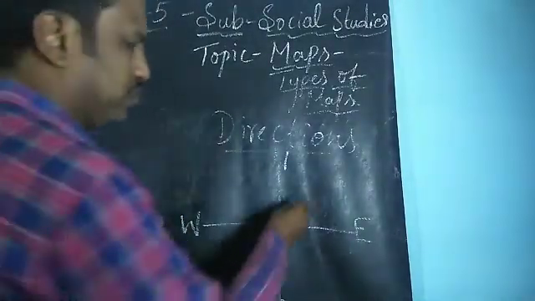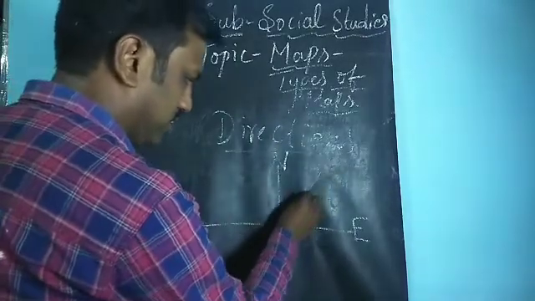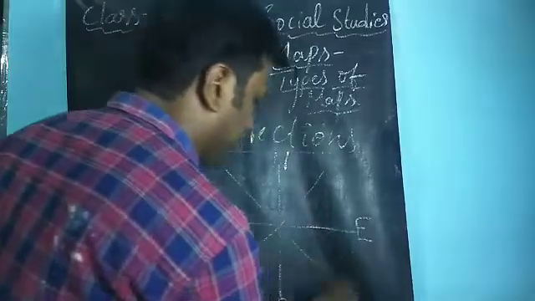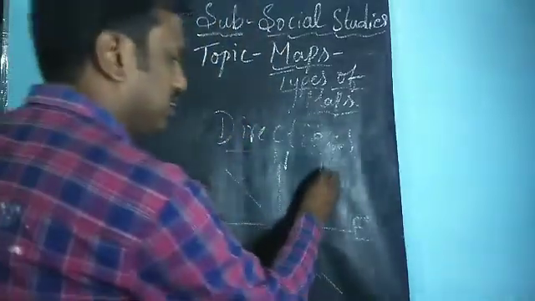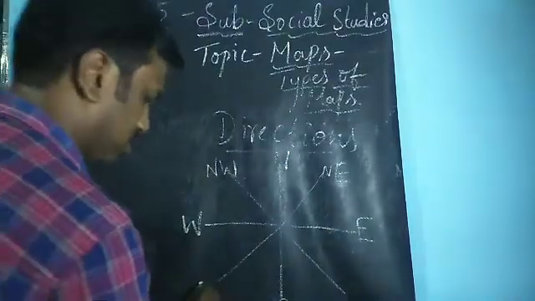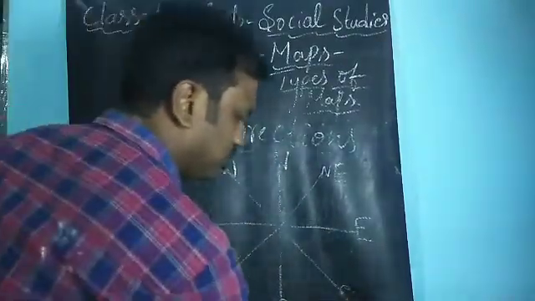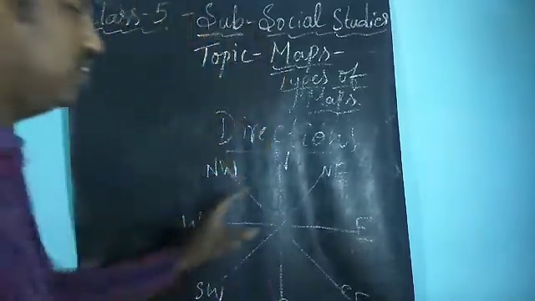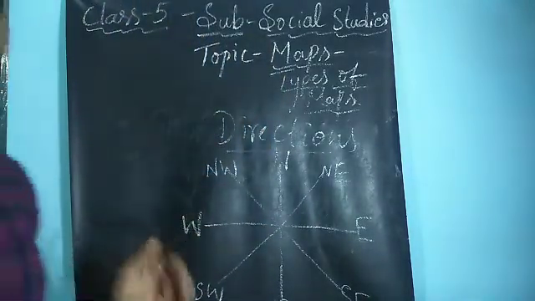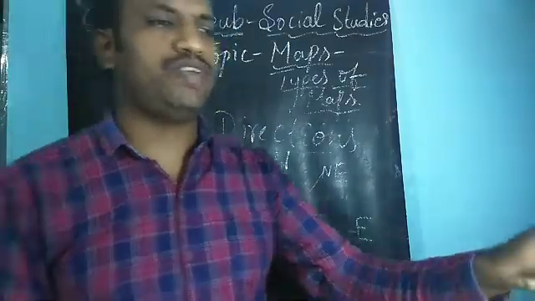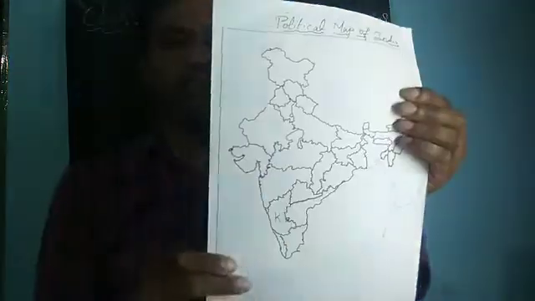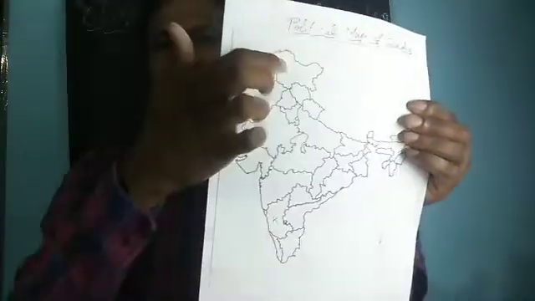We also have sub directions, that is, when we draw the lines in between these directions, that is what we call sub directions. This is the northeast, this is the northwest, southwest and southeast. These sub directions also help us to identify the location of a place. Now if I take this map of India and say that Karnataka is located to the north, it is wrong.